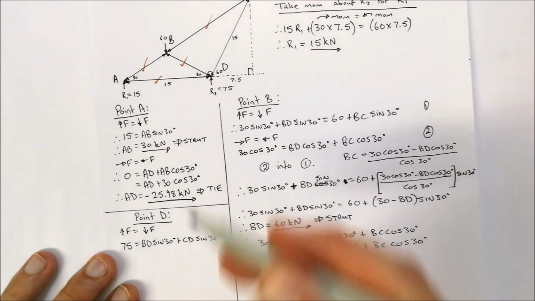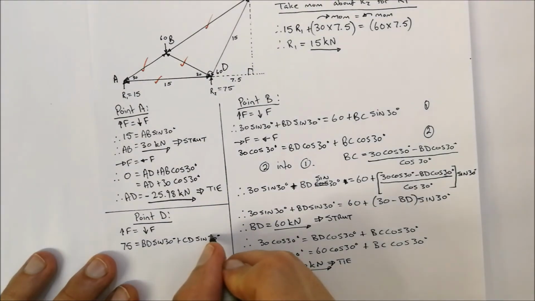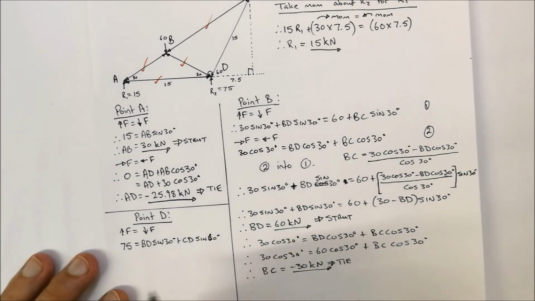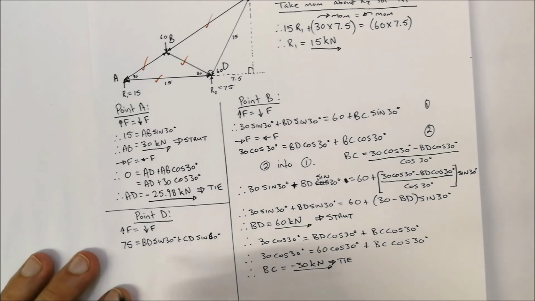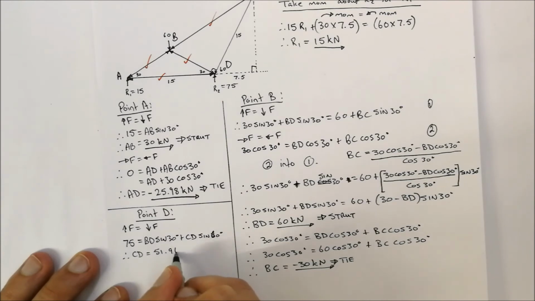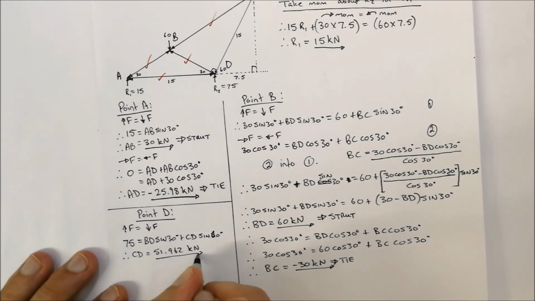We've got 60 degrees over there that we need to use, not 30 degrees. Okay, so just be careful with the angles that you are using. Okay, so now we make CD the subject of the formula. So therefore CD is equal to 51.962 kilonewtons. So positive values, that implies it's a strut.